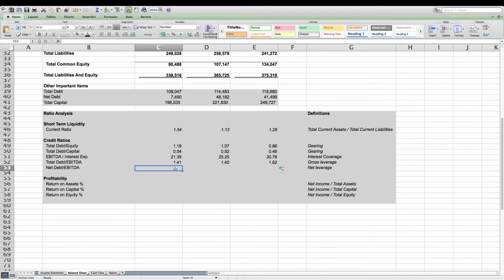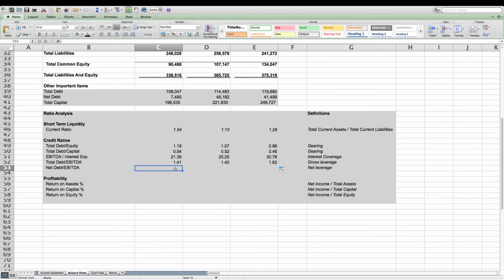The net debt to EBITDA ratio is very similar to the gross leverage ratio, and it's called net leverage. But all we're doing here is looking at the net debt, which, if you remember, is the total debt, and you take out all the cash equivalents and the marketable securities. So what this ratio is telling you is that when we think about a company's leverage, there are two ways to pay it down.